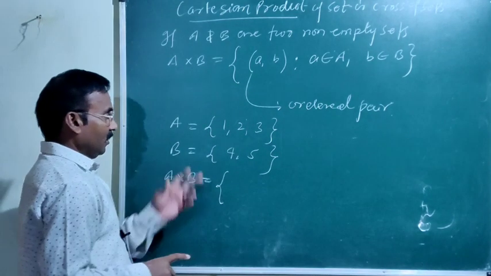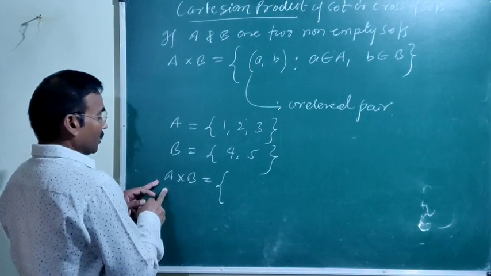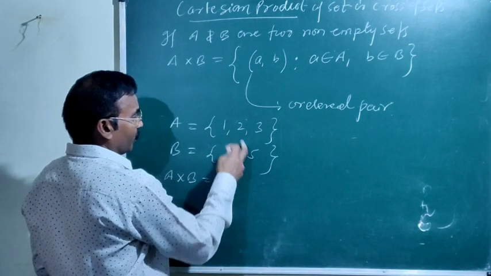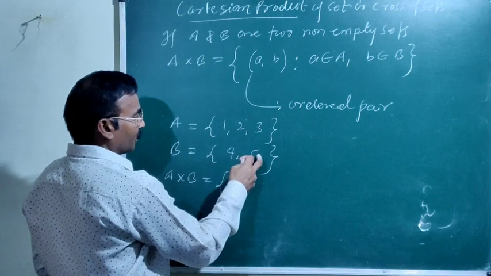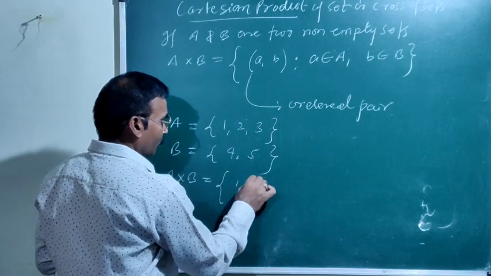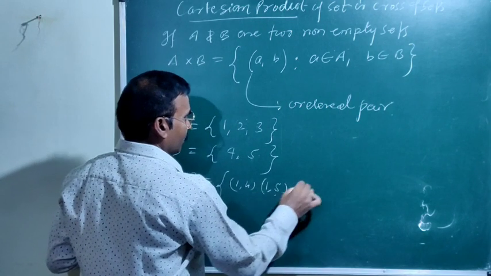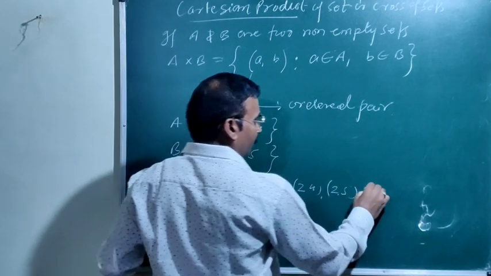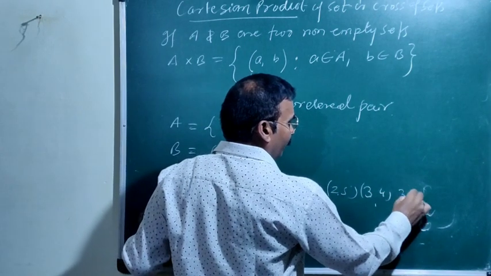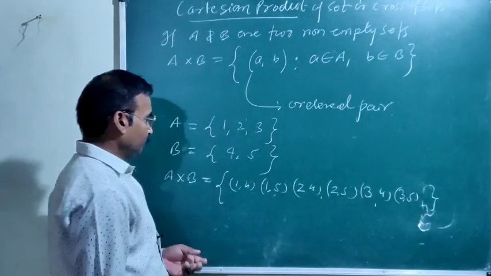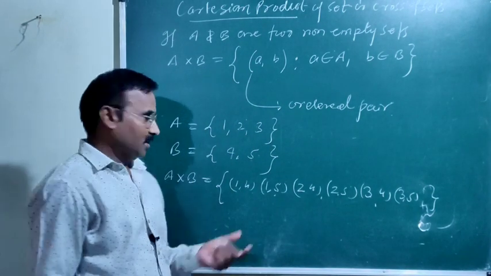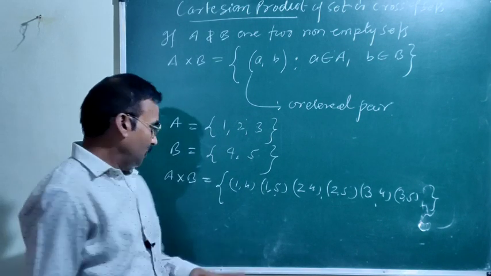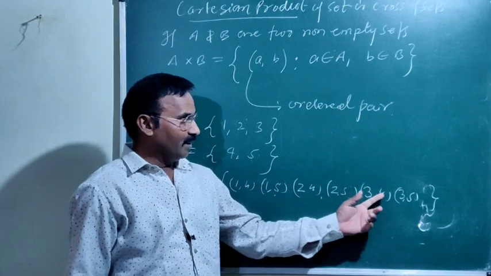You have to take from the first set first, because A is given at the start. So (1,4), (1,5), (2,4), (2,5), (3,4), (3,5). Now the number of elements in A is 3 and in B is 2, and 3 times 2 is 6: 1, 2, 3, 4, 5, 6.